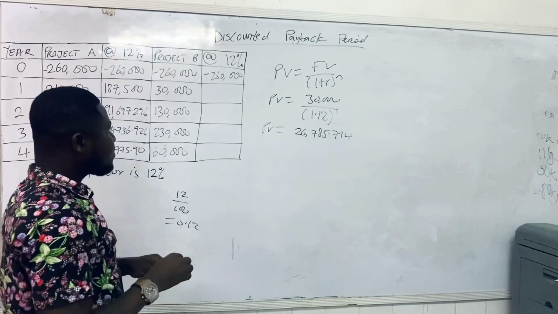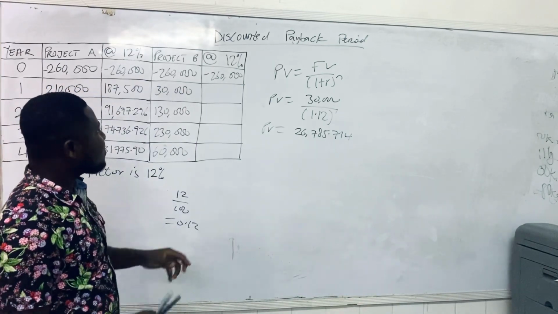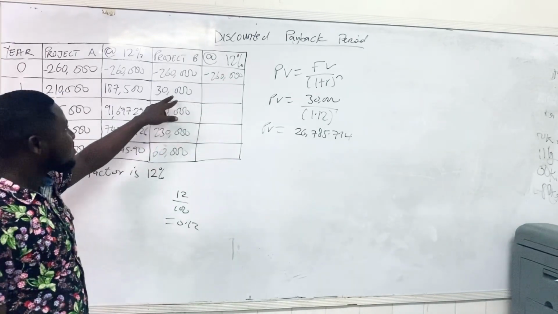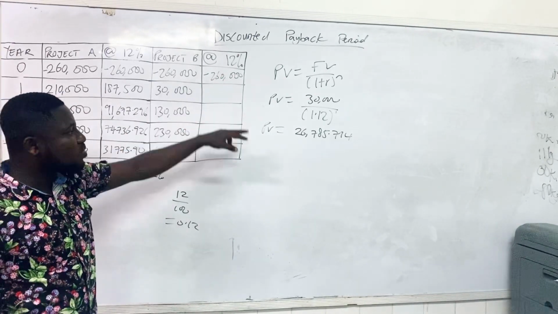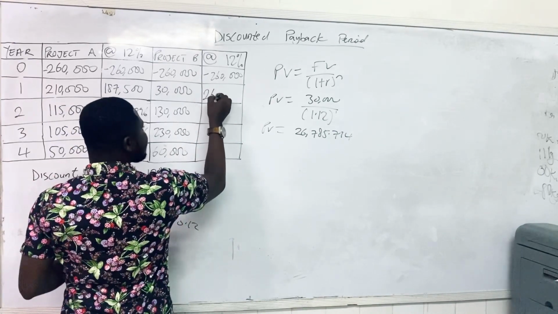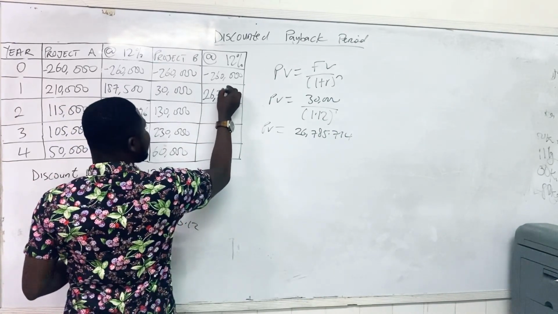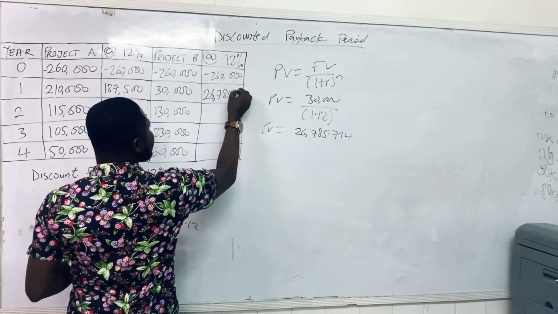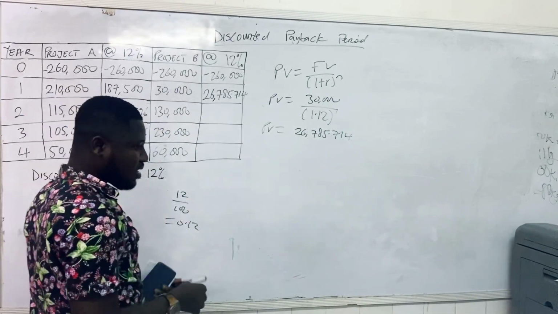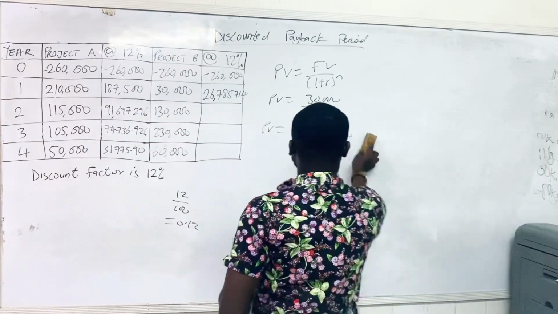So for the first year under the discounted payback period, Project B is going to give us 26,785.714.